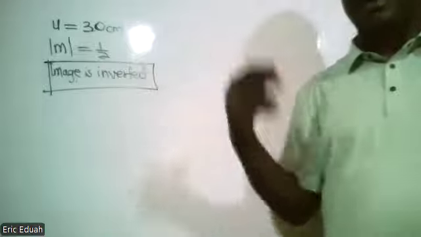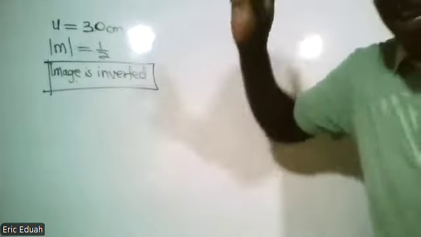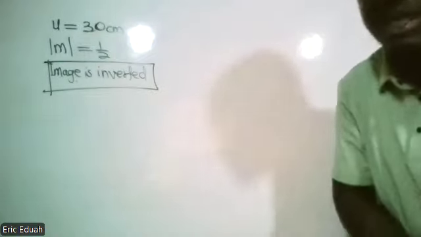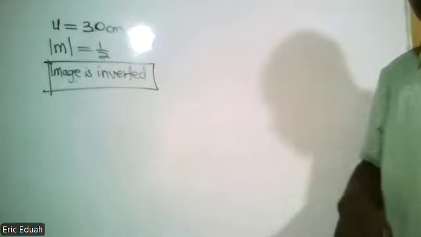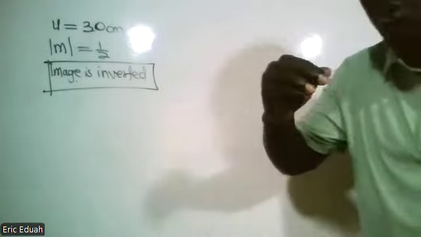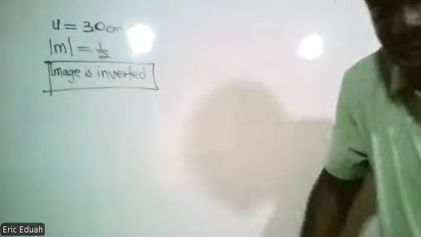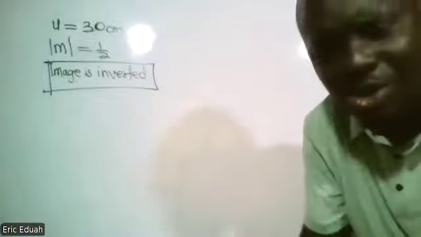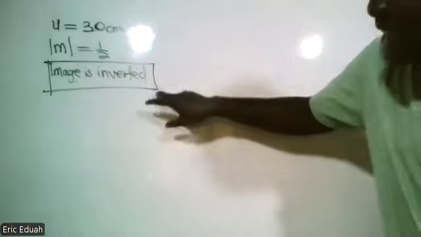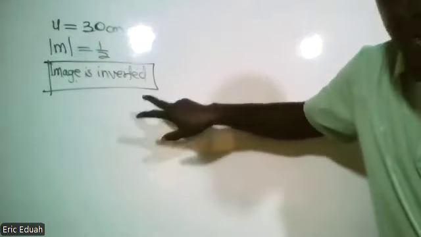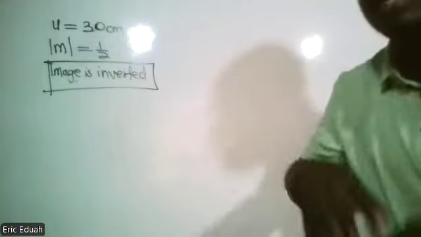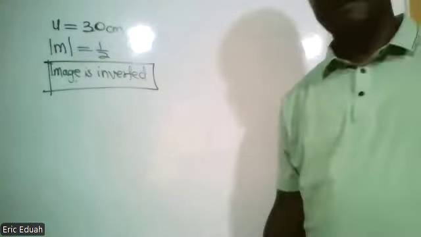All real images are inverted. And convex doesn't form real images, no matter the object's position. Convex mirror always forms virtual images, and virtual images are upright or erect. So once the image is inverted, then it is real, and it is only concave or convergent mirrors that form real images. Gabby, are you okay?